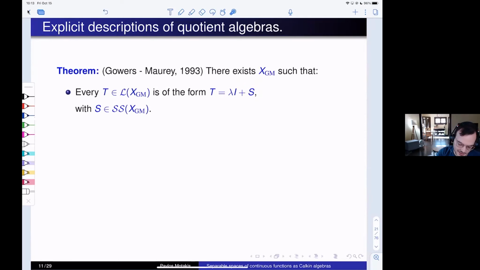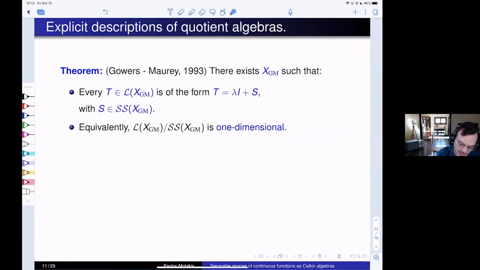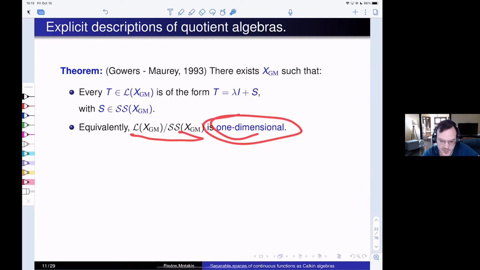And the result that this has is that if you take this quotient, all the bounded linear operators modulo the strictly singular operators, what you're doing is that for every operator, you're forgetting this S. You're just erasing it, striking it out. And if you do that, all that remains is the scalar. That's the only thing to account for. So this is why this quotient here is one-dimensional. So it's a one-dimensional Banach algebra.